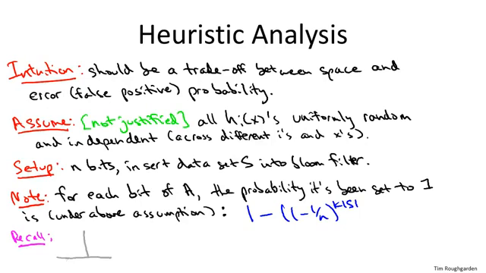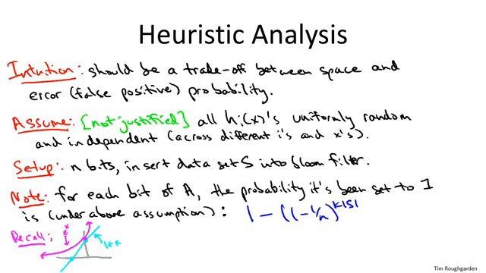If you take the function 1 plus x, which goes through the points (-1, 0) and (0, 1), and of course is a straight line, and then you also look at the function e to the x, those two functions are going to kiss at the point (0, 1), and everywhere else e to the x is going to be above 1 plus x.